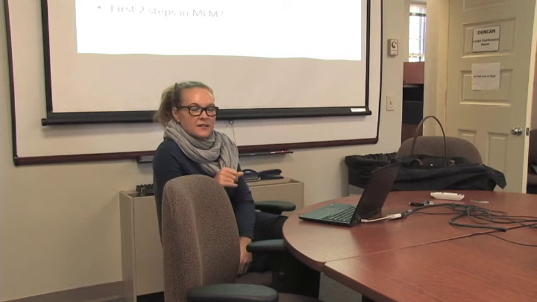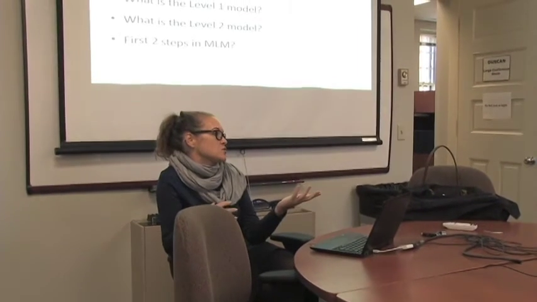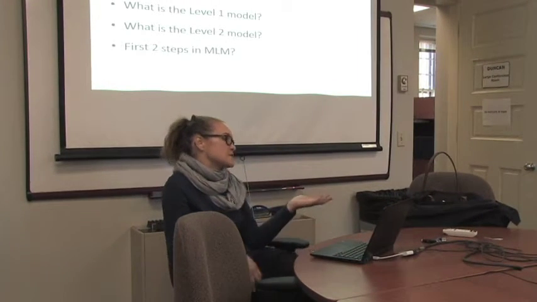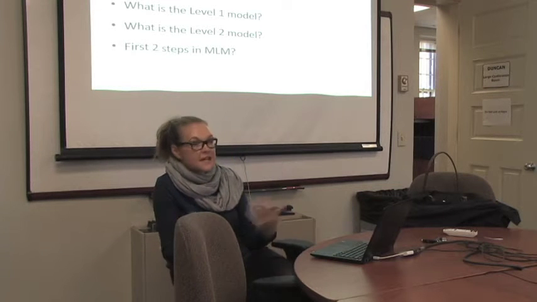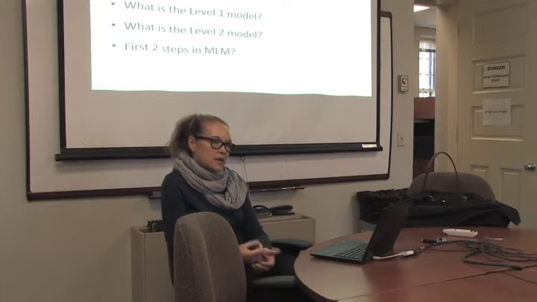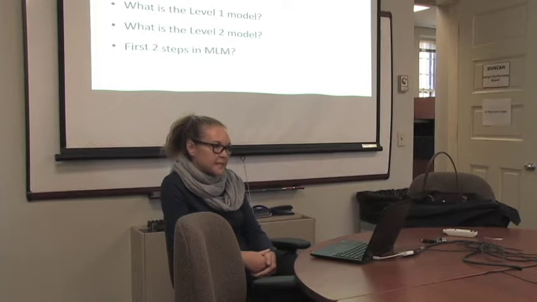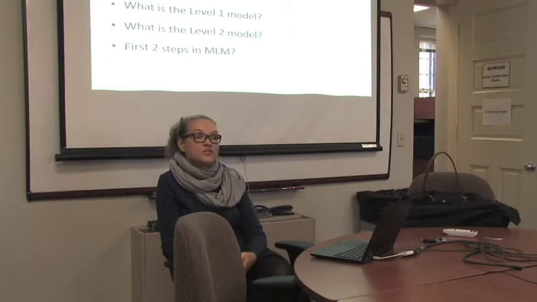Flip your data from wide to tall. Yes, and then what? Descriptives. Yes, exactly. And actually you don't necessarily flip to run descriptives. You might do both. You might run some descriptives from a wide data set and some from a long data set. But that's exactly it. You flip the data, and you also explore descriptively the time form of change.